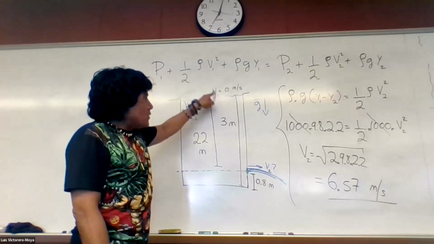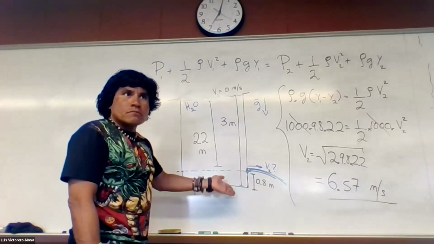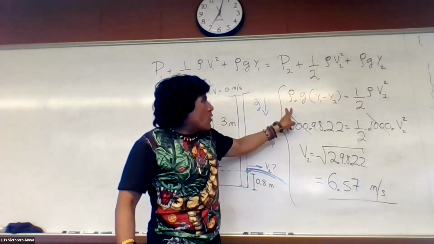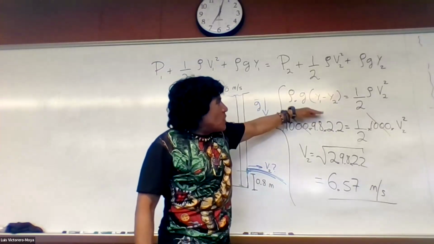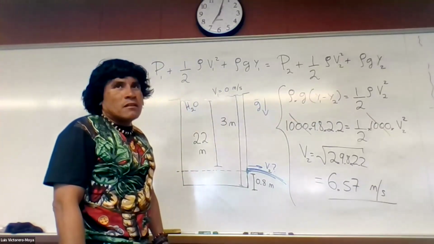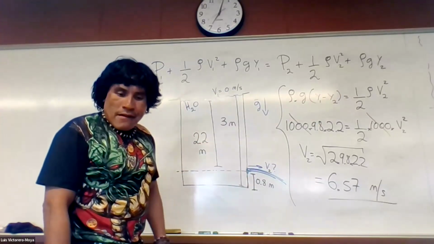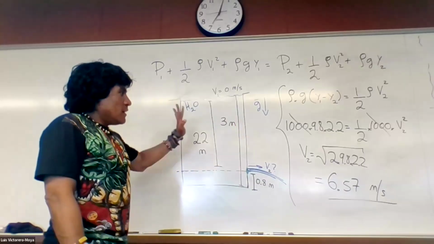They both are open to the air, so the pressure difference is going to be 0. The only pressure difference is due to the potential, rho gh, and that's equal to the kinetic energy due to the flow rate here. All right? That's a simple example, though.